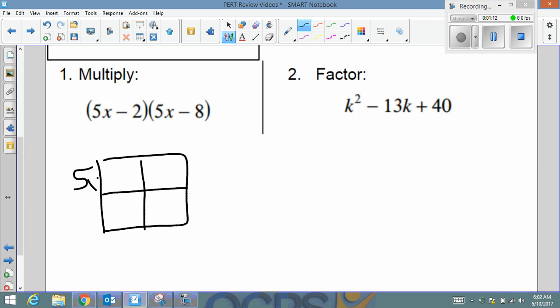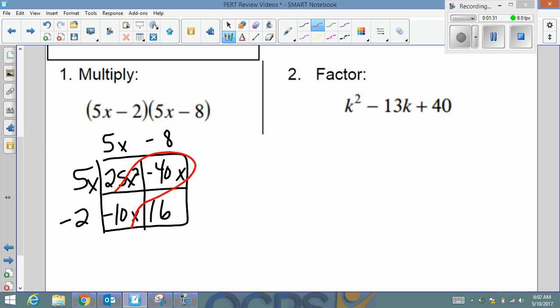So with multiplication, I put my 5x minus 2, 5x minus 8 on the outside, and then to get each box, I multiply that row, that column. Then if you prefer using the FOIL method or the distributive method, you are more than welcome to do that.